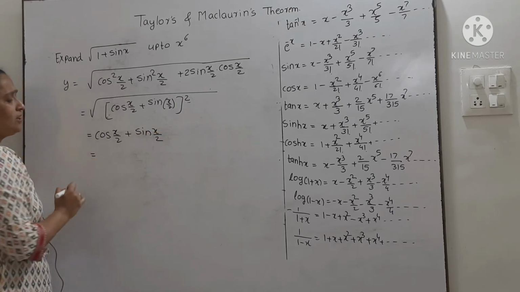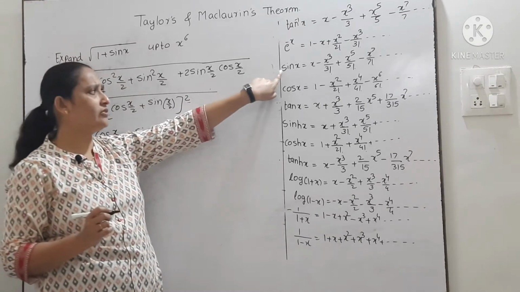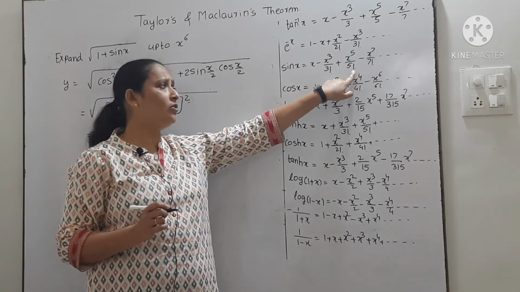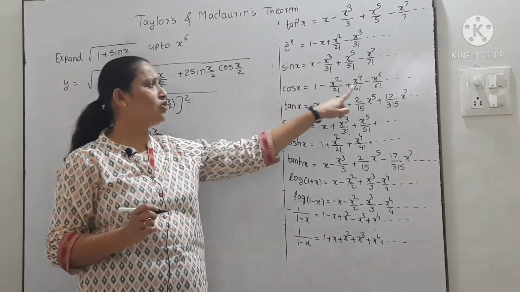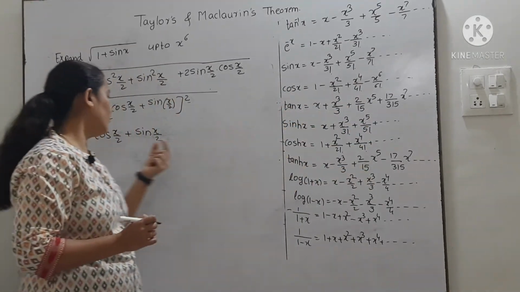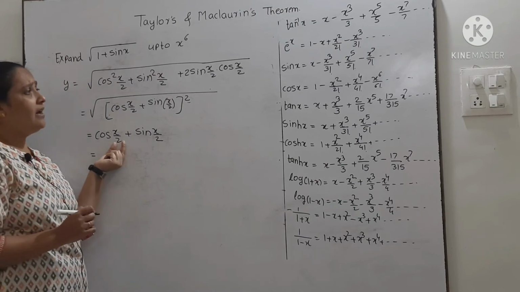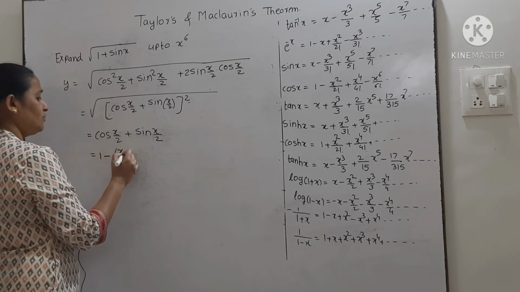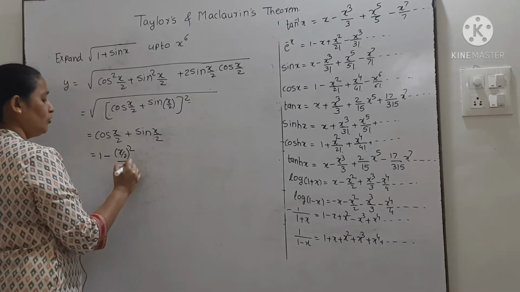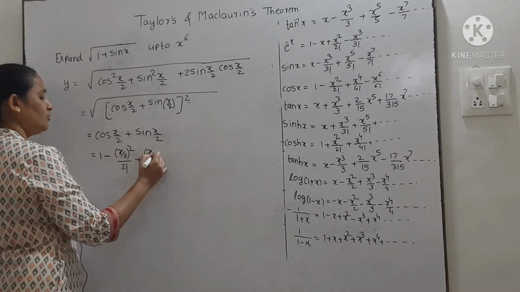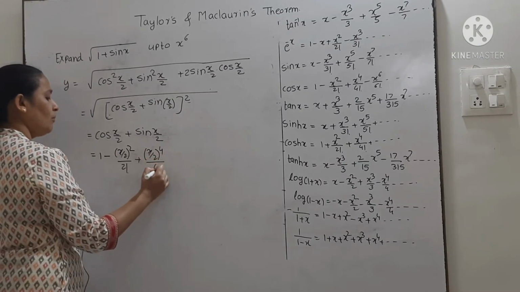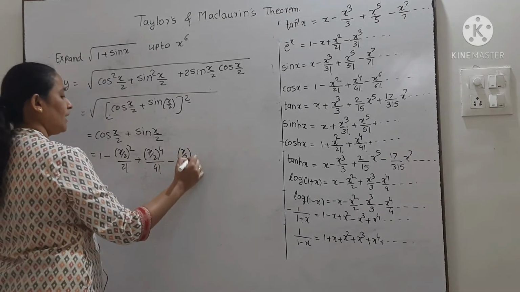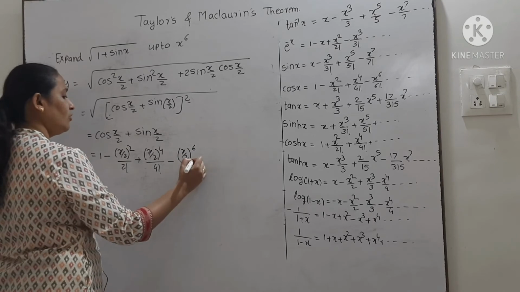And now we'll use the expansion of cos and sin. We know the expansion of sin x, that is x minus x cube upon 3 factorial plus x raised to 5 upon 5 factorial and so on. And the expansion of cos x also. The only difference is, instead of x, what do you have here? x by 2. If I substitute the value, it is 1 minus x by 2 bracket square upon 2 factorial plus x by 2 bracket raised to 4 upon 4 factorial minus x by 2 bracket raised to 6 upon 6 factorial and so on.